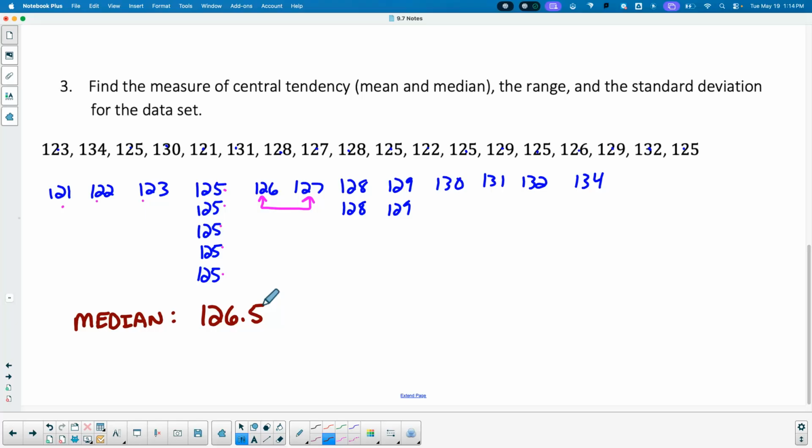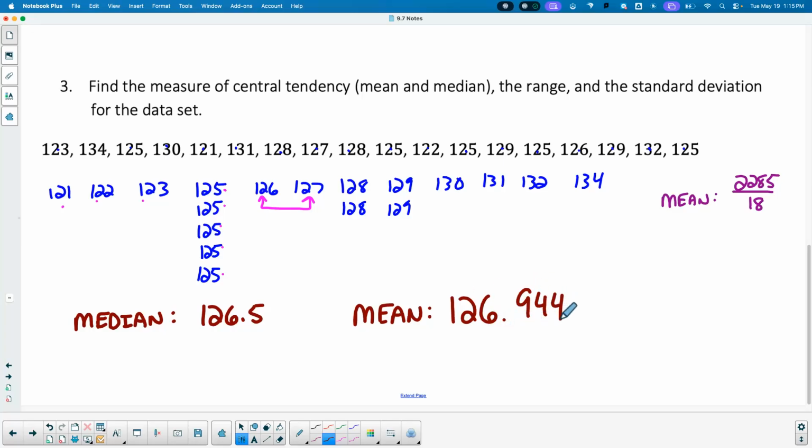My mean, when you add them all up, you should have gotten 2285, and there was 18 of them. So the mean is going to be 126.944.